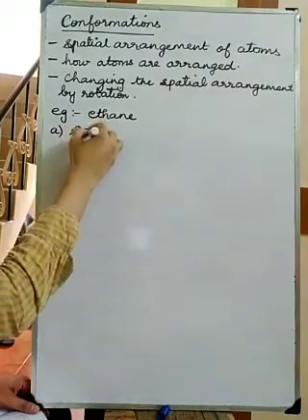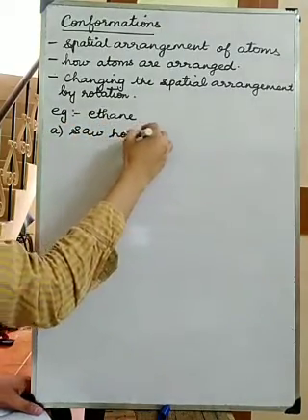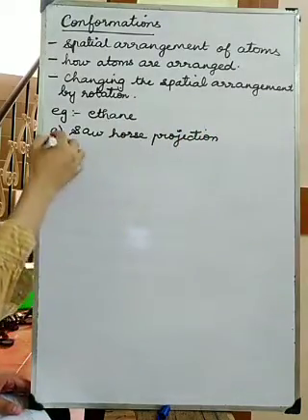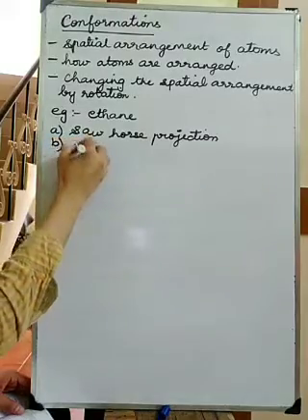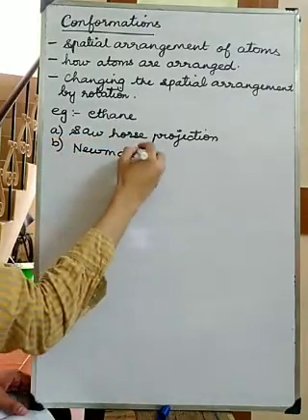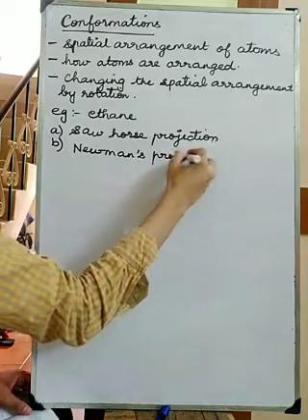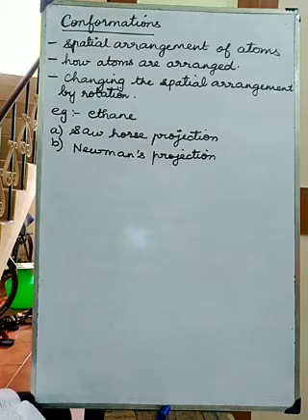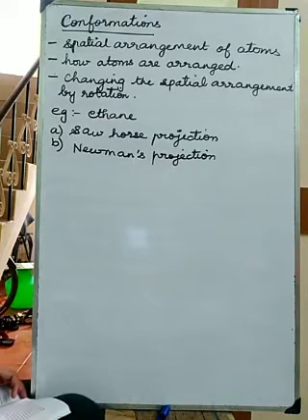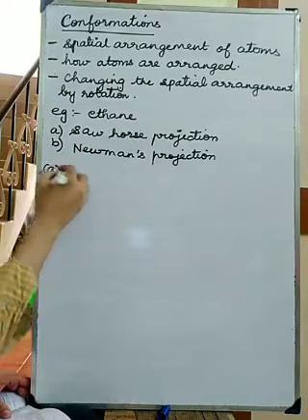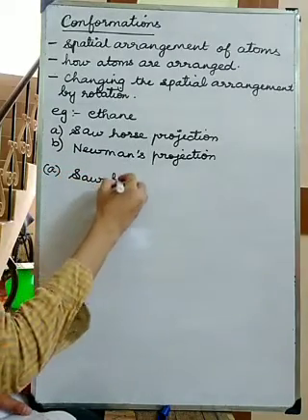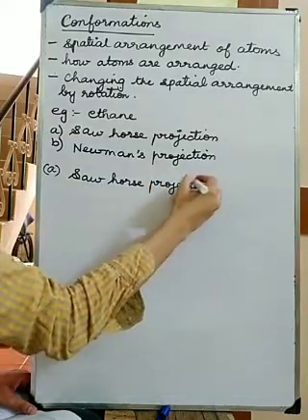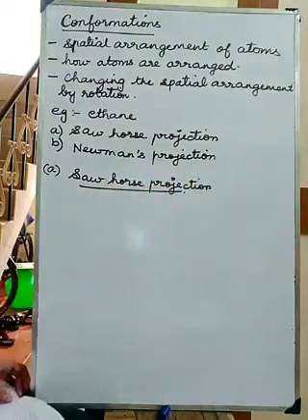One is Sawhorse projection and the next one is Newman's projection. Okay, so first we are going to study about Sawhorse projection.